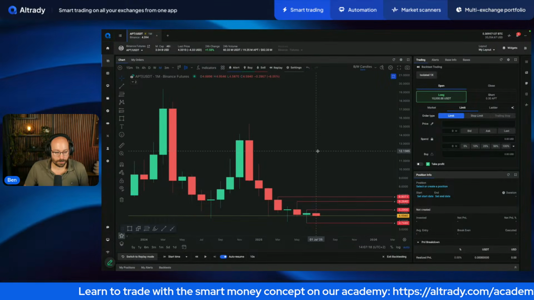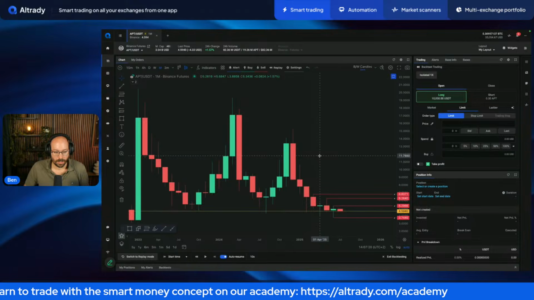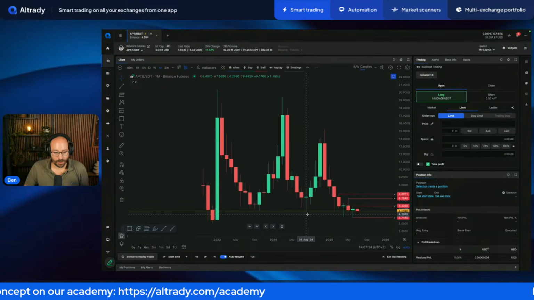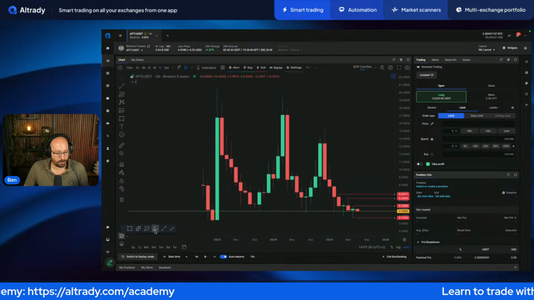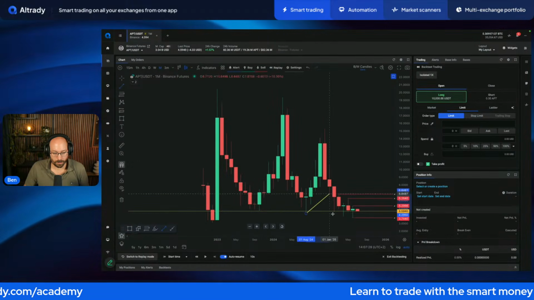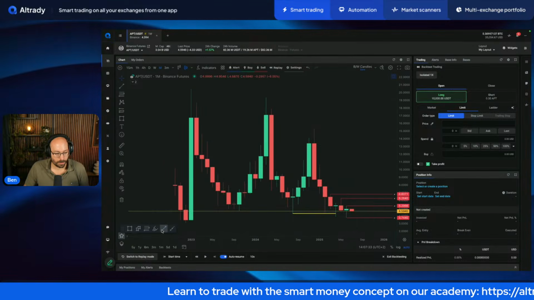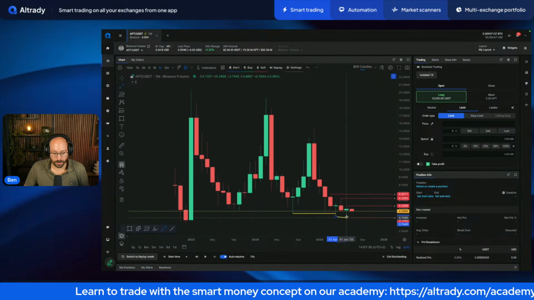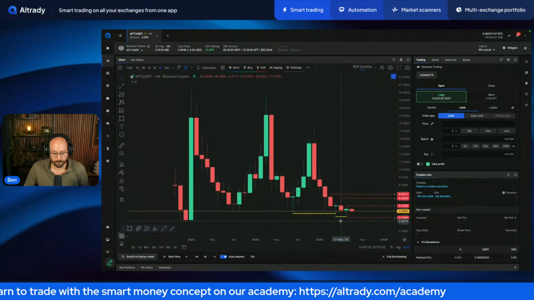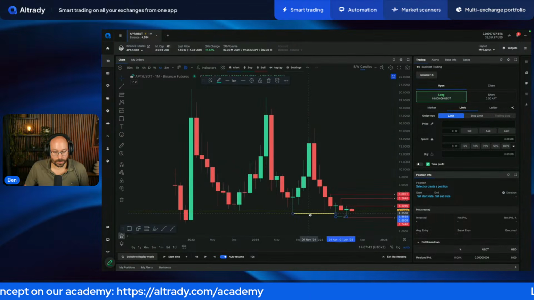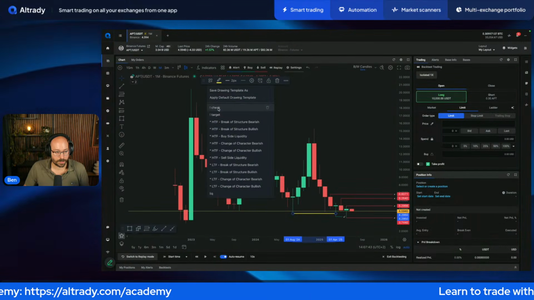So what do you currently see on this time frame? Any expectations? I did see this sweep. This was taken out, and then even this was taken out again as well. That's all good, that's a nice grab.